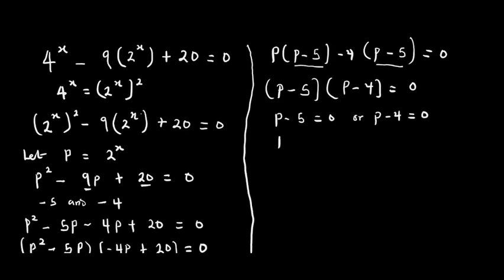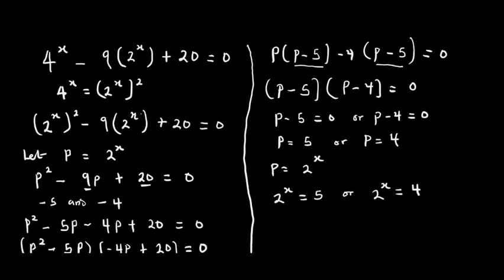By that, p is equal to 5 or p is equal to 4. But we know that p is equal to 2 to the power of x. And I can say 2 to the power of x is equal to 5, or 2 to the power of x is equal to 4.